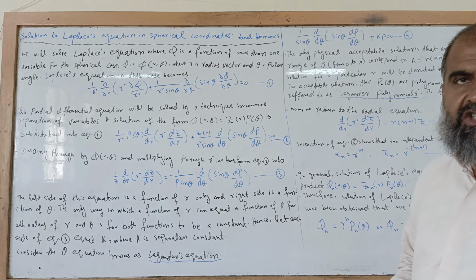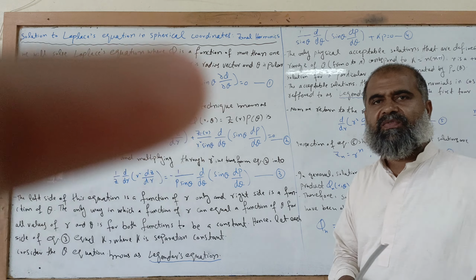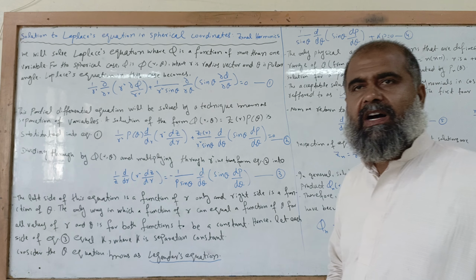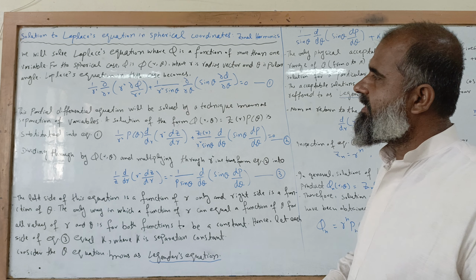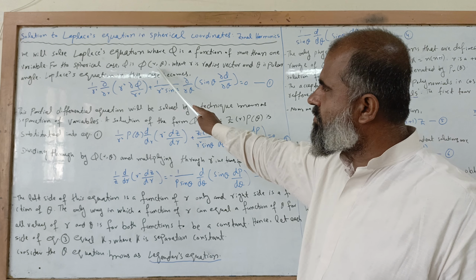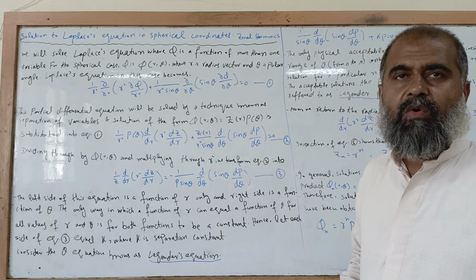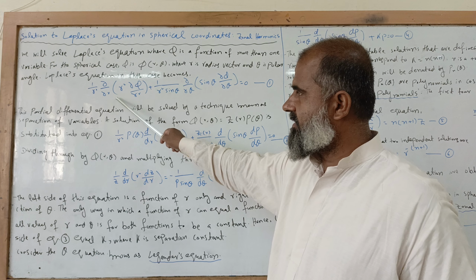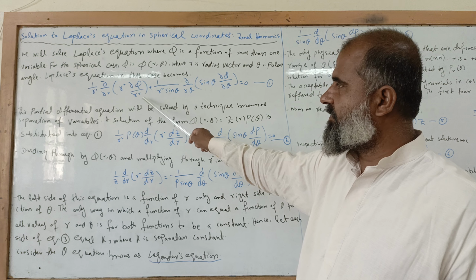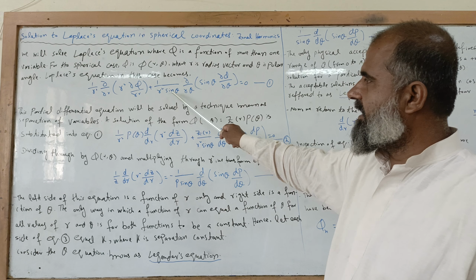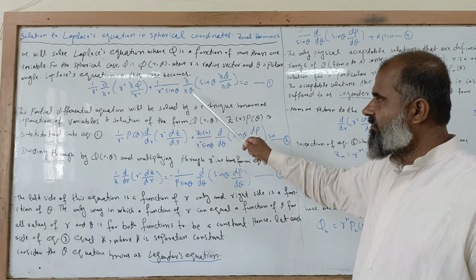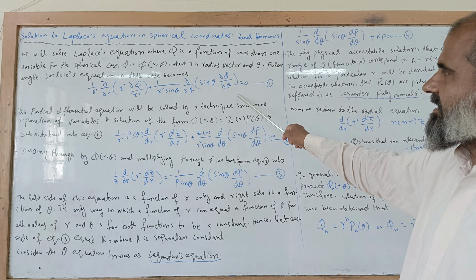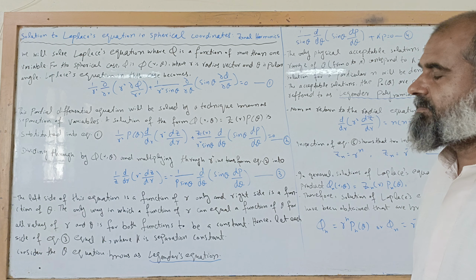Therefore, the Laplace equation that we have studied is written in these two coordinates as: 1 over r square, partial by partial r of r square partial phi by partial r, plus 1 over r square sine theta, partial by partial theta of sine theta partial phi by partial theta, is equal to 0.